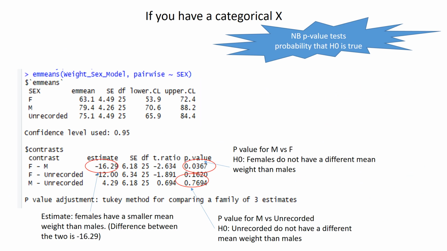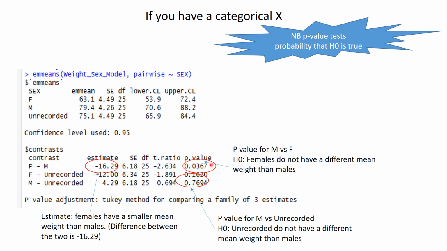Okay, so again we have these p-values. They test for differences in the mean. So each p-value tests the hypothesis that the mean between these two here are not significantly different. So in the first example, it tests the null hypothesis that females do not have a different mean weight than males.